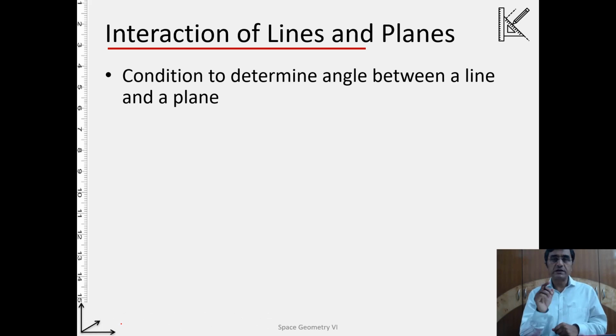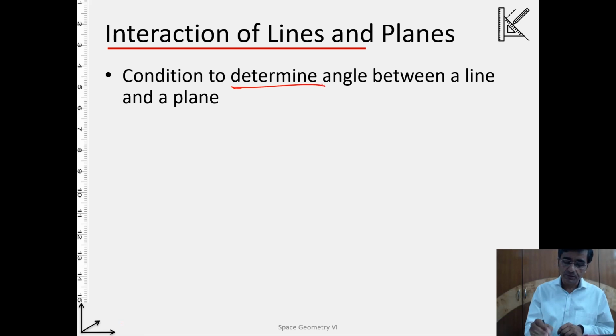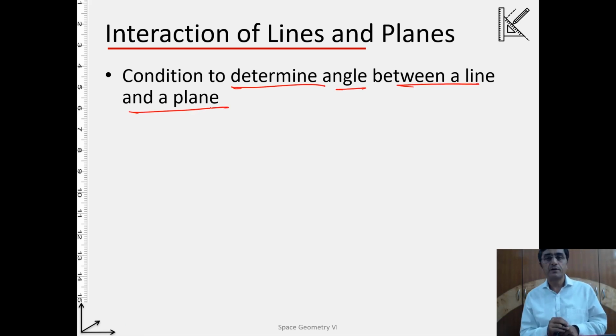and now we will see what is the condition to determine the angle between a line and a plane. Okay, there is a plane, an oblique plane, and there is a line, and this is oblique, this is also oblique, but we are interested in determining the angle here.